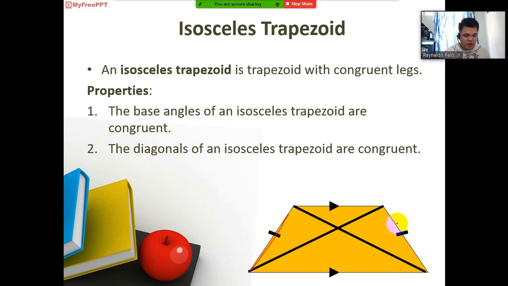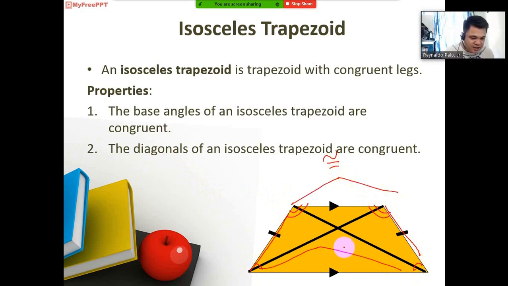It has congruent legs. What are the properties? The base angles of an isosceles trapezoid are congruent. So it means that these angles are congruent and these angles are also congruent. How about the leg angles?